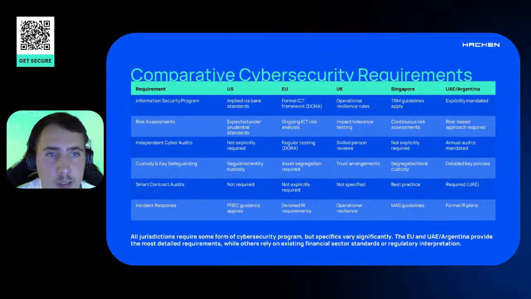For example, in the EU and DORA, we have regular testing in different layers. So you need to run your internal cybersecurity audits, review, and testing. And you need to actually attract the third party because you need to have the look from the external perspective.